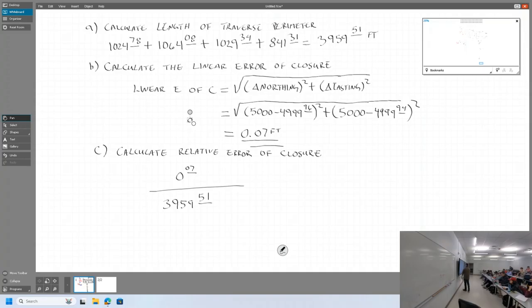That ratio is approximately, in a ratio format, 1/56.